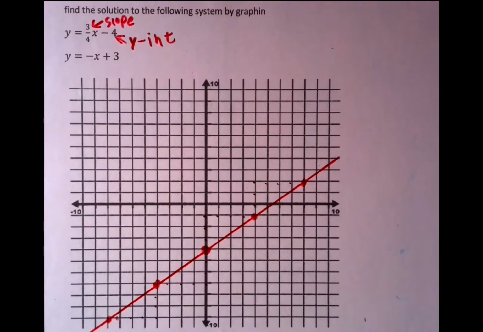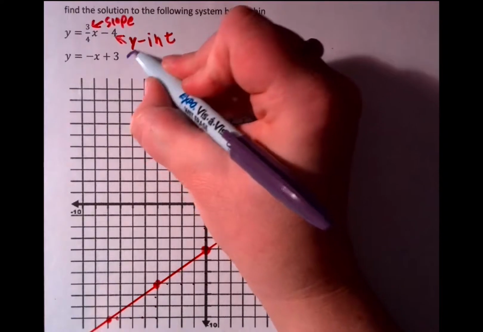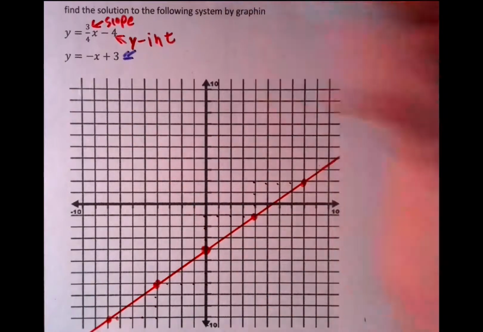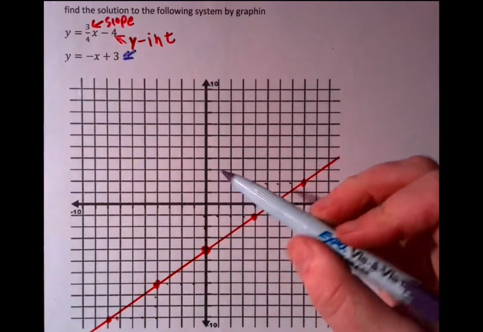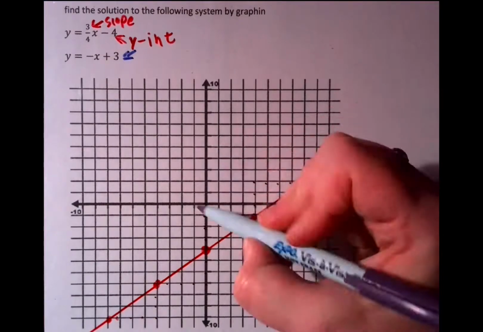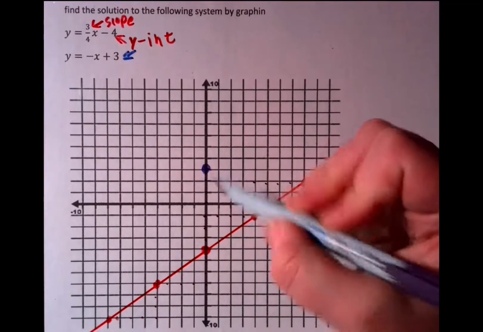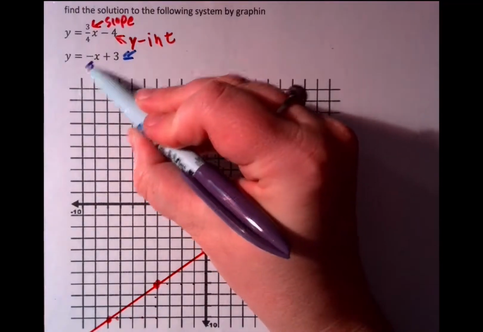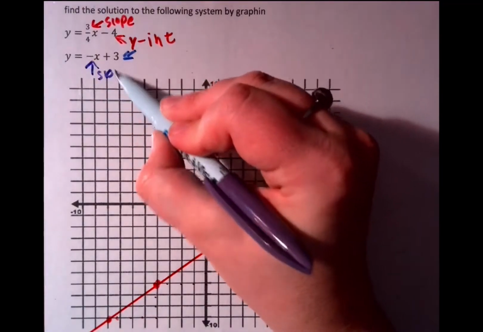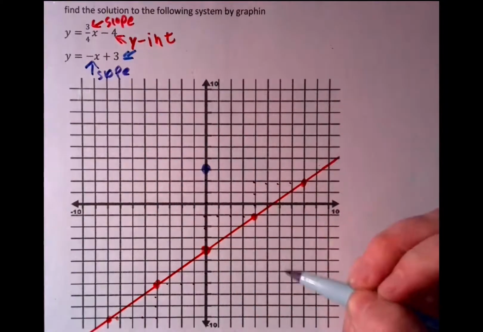Okay, so again, I start with my y-intercept. Okay, so in this case, the next equation, my y-intercept is 3, so that tells me I'm going to go up 3. And then I'm going to use my slope, which is a -1.